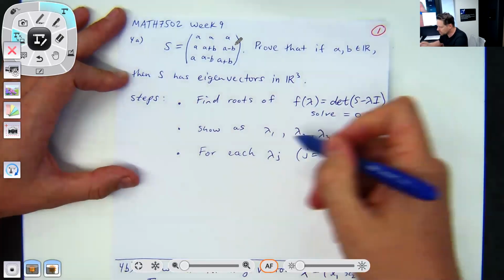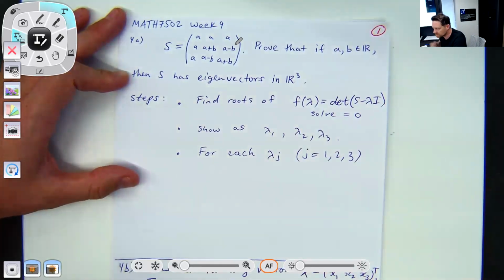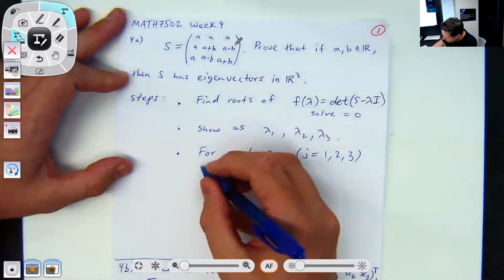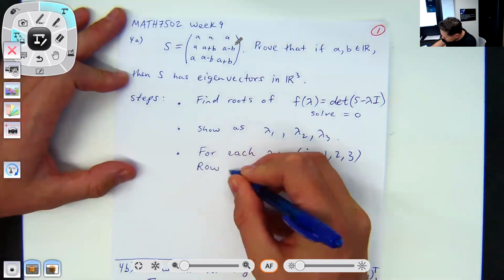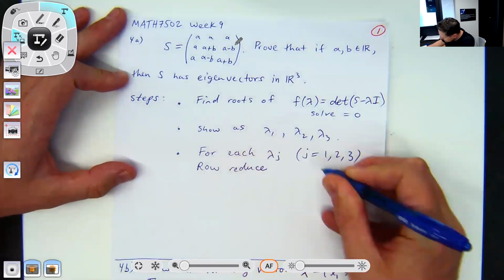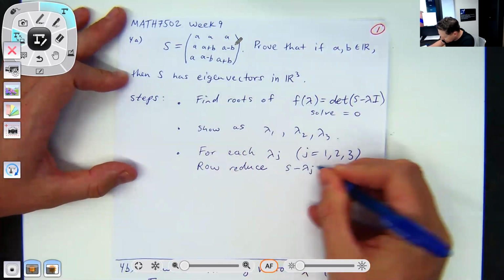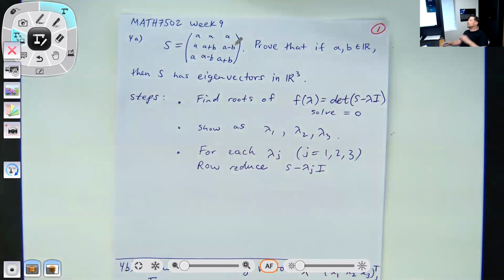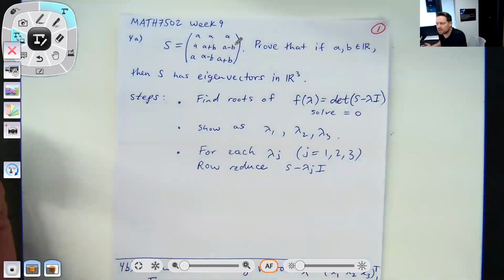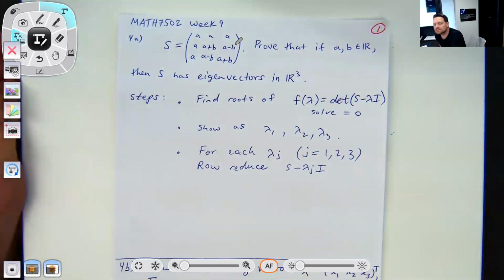Now these could be repeated roots of this cubic. But for each eigenvalue, you want to row reduce that matrix, S minus lambda j times I, because what you're doing is finding an element of the null space of this matrix.